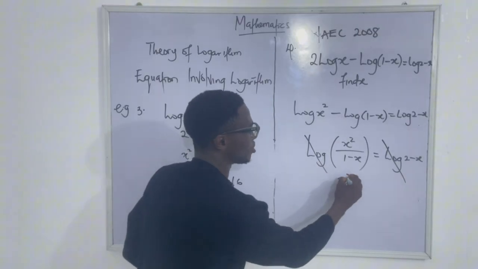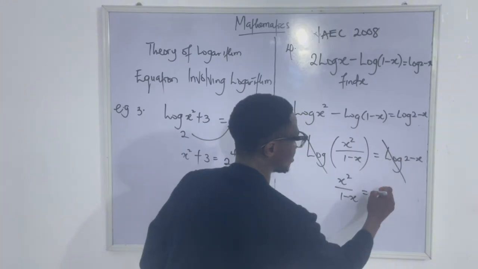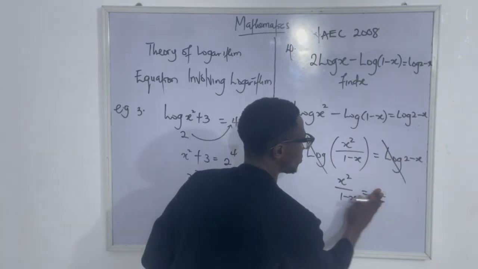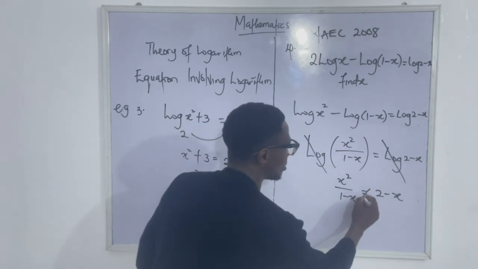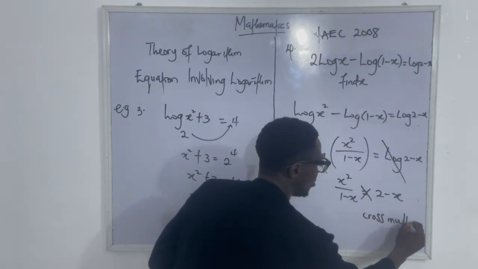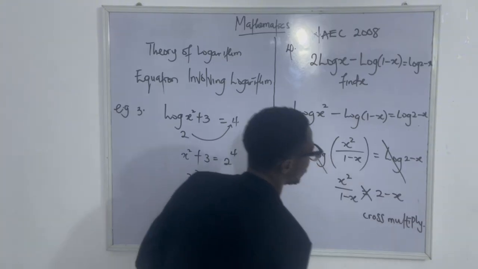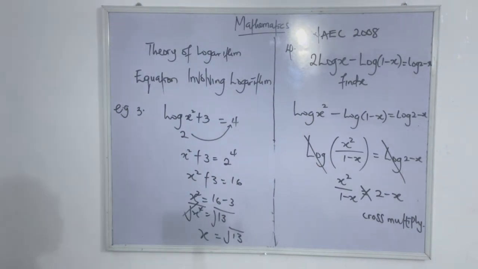So we have x squared over 1 minus x equals to what? 2 minus x. Then we can now what? Cross multiply. So then we can cross multiply.